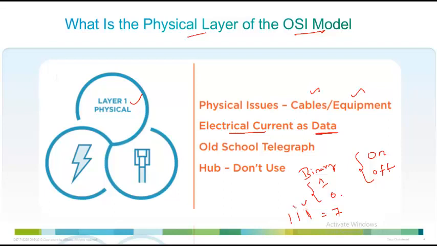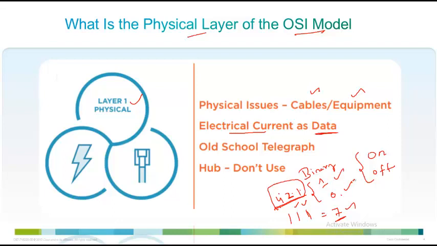If it is 1 here, it means 2. If you have 1 in the third place, it means 4. You add and see, 4 plus 2 plus 1, 7. So you got 7 by adding this. And binary has got only two numbers, 0 and 1.